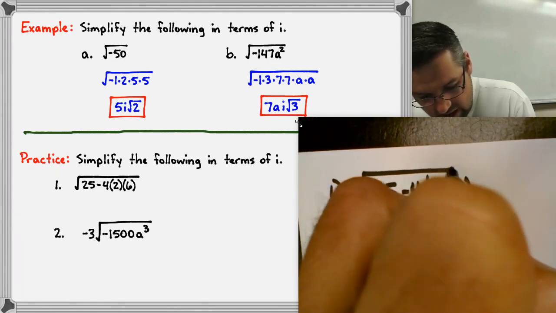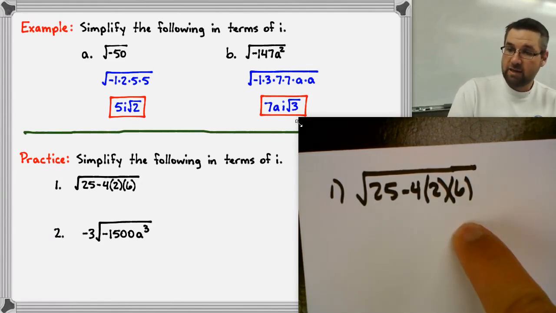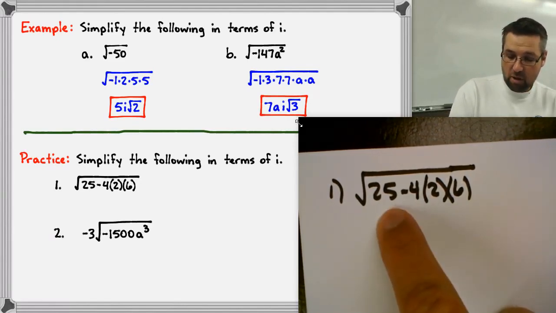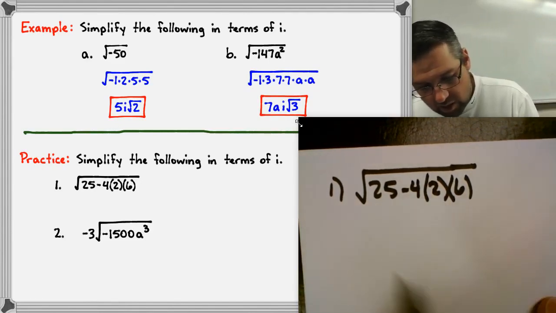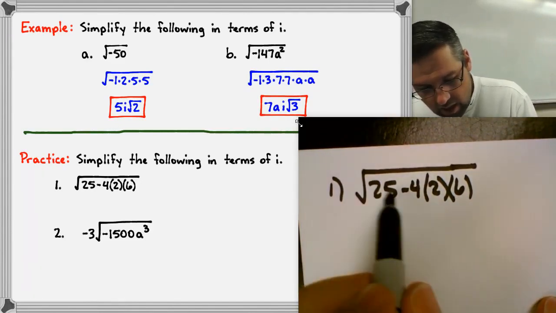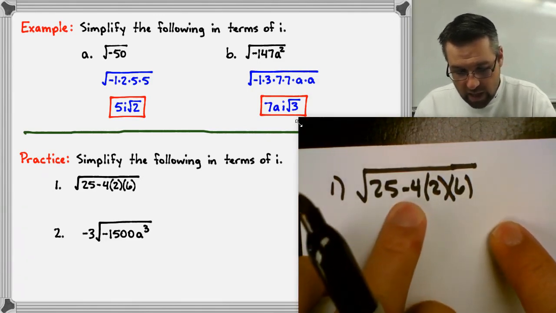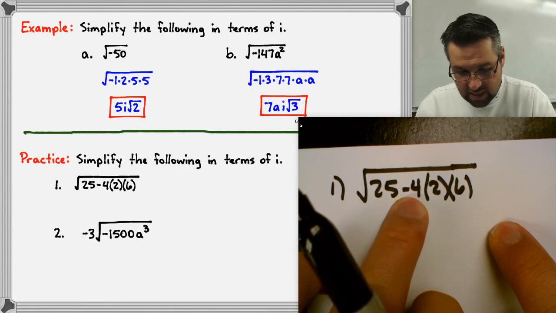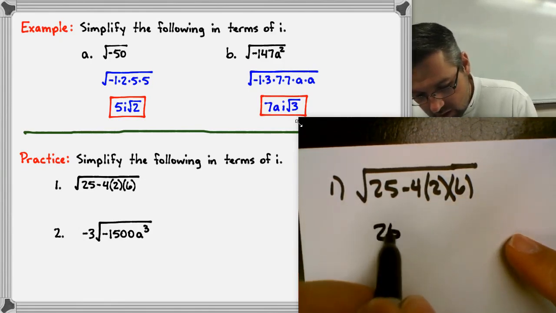Now, the reason I have this particular problem here is because we're going to see a lot of problems that look like this, of this form, where we have a number minus something times something times something. Okay, you'll see that in the future. But we're going to simplify this. Order of operations, we don't want to do the square rooting first because we have something inside the square root. We're subtracting here. We don't want to subtract because we're multiplying all those first. So we need to multiply that first.